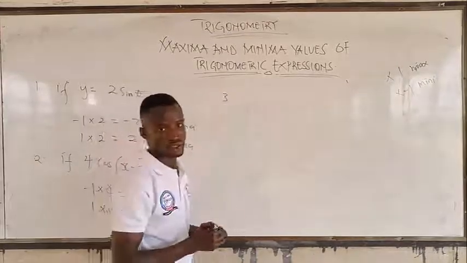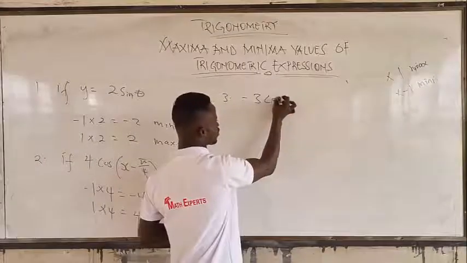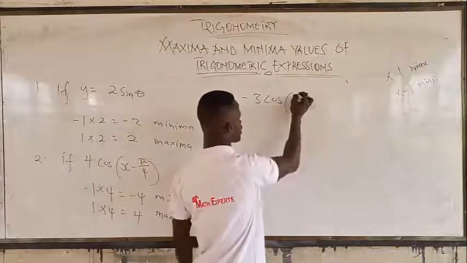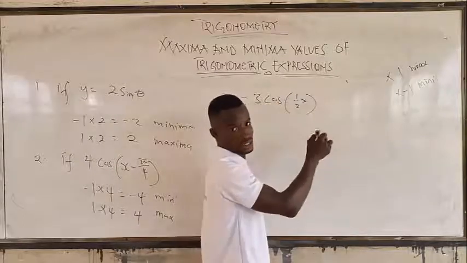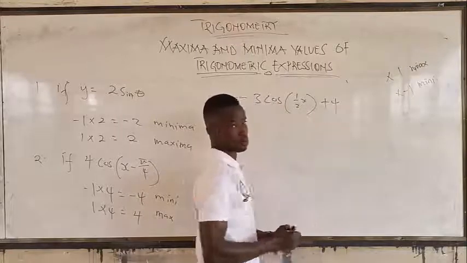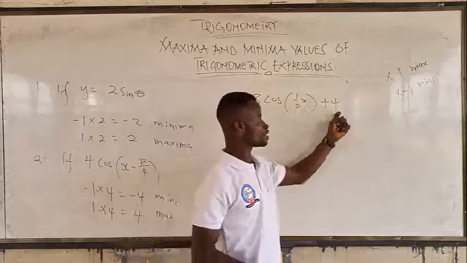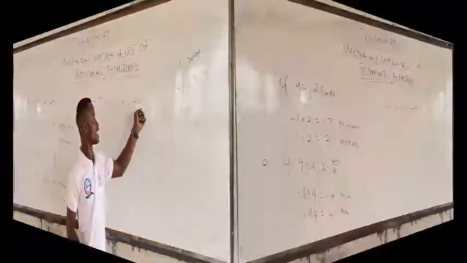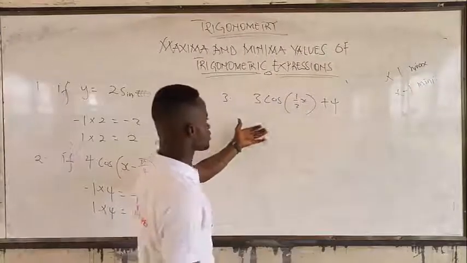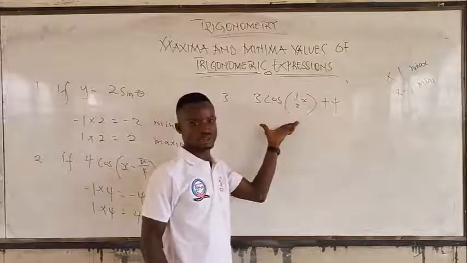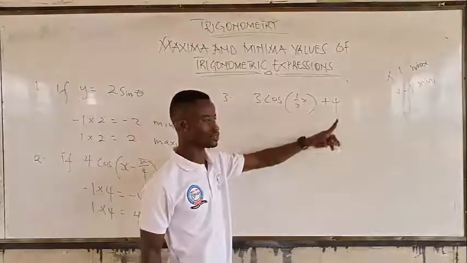Thirdly, we can get -3 cos half s plus 4. Now here, we are having something introduced. With the third question, there is something new, and that is the vertical shift.